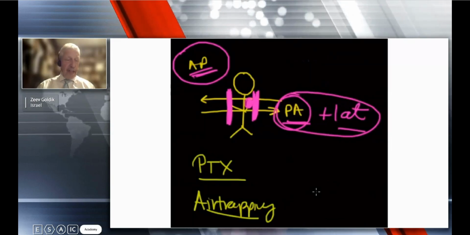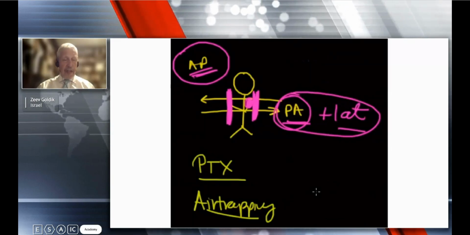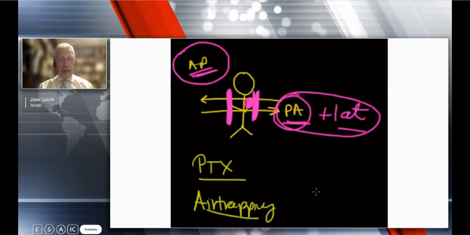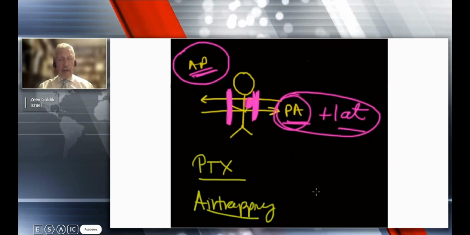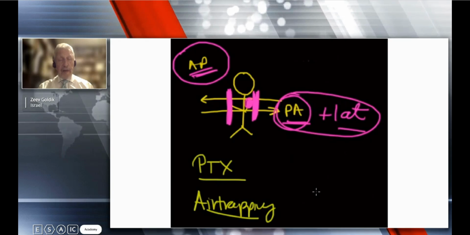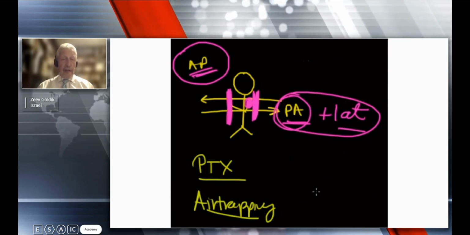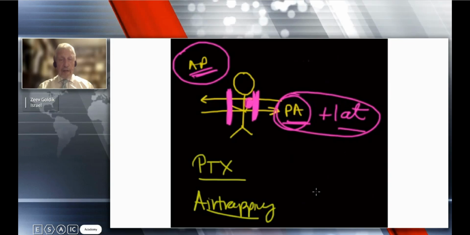One of the first things when we interpret a chest X-ray is knowing whether it is an anteroposterior or a posterior-anterior approach to the chest X-ray.